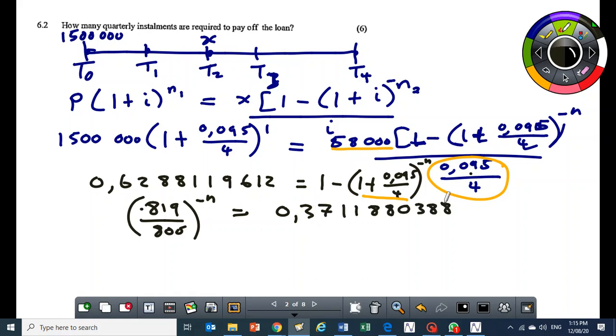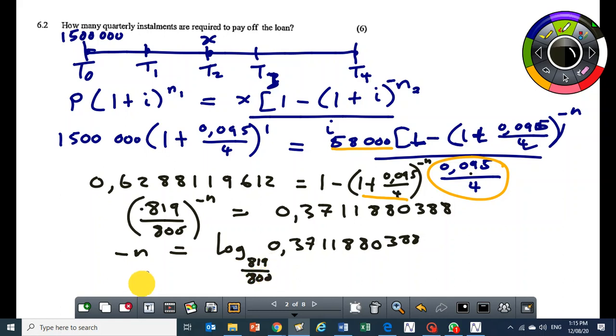Your choice. You can convert the exponential equation to a logarithmic equation, which is the method that we have been using. So minus n will be equal to the logarithm of 0.3711880388 to the base of 819 over 800.